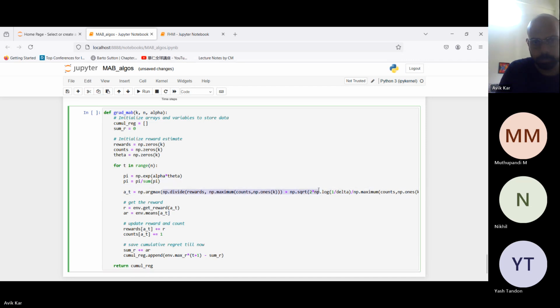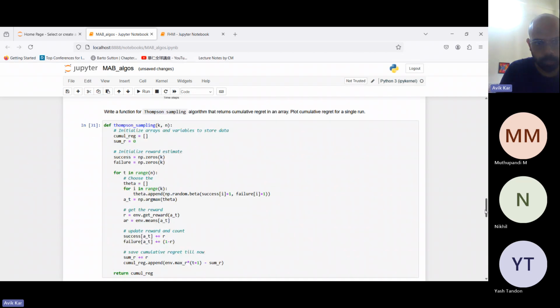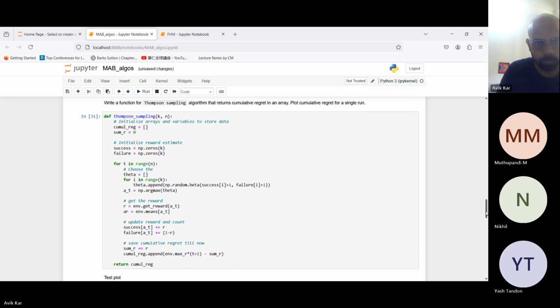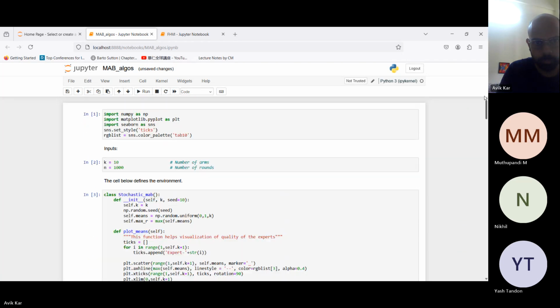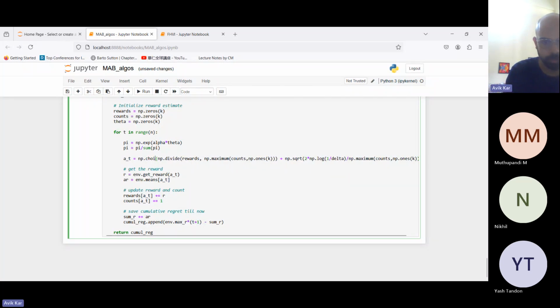Then we need to sample. Sampling, I think there is a function already written. Numpy has a function.